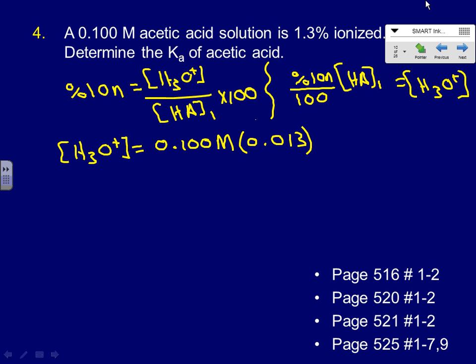Now, what do I have here? Well, I have the percentage divided by 100, which is the percentage expressed as a decimal, times the original concentration of HA. That's just a classic percentage calculation. It's going to get me 0.0013 moles per liter.